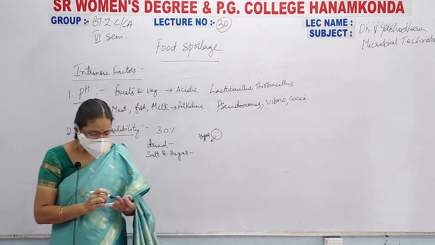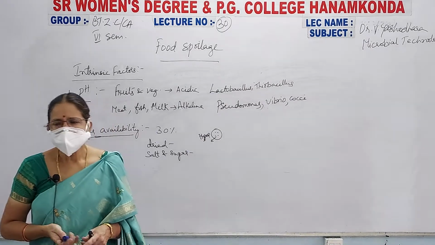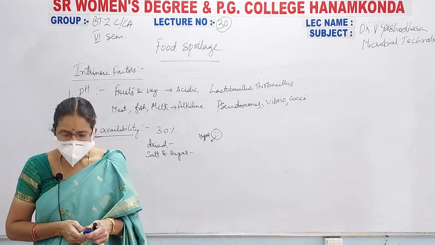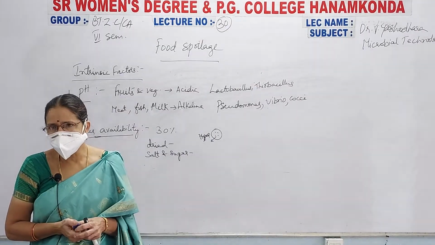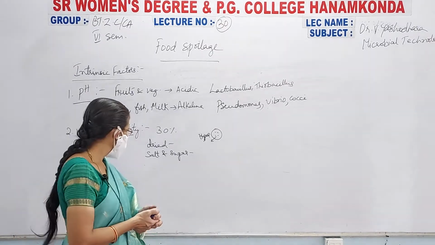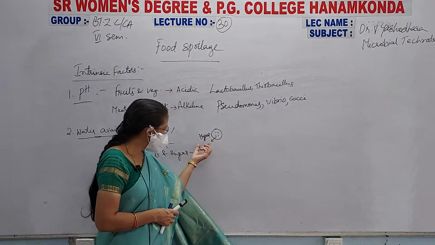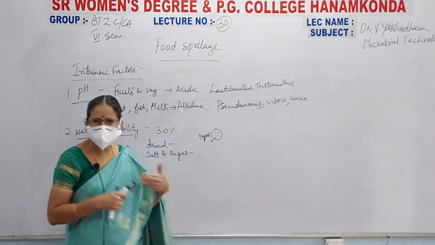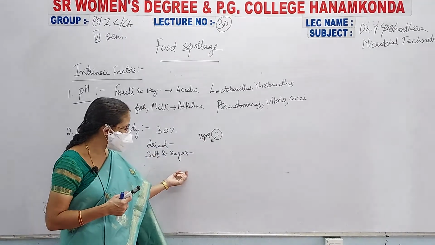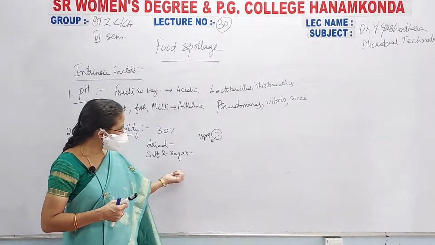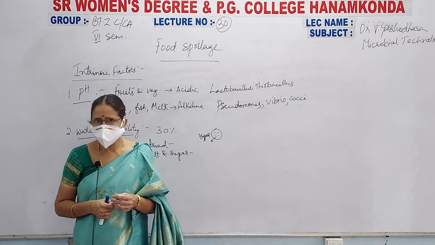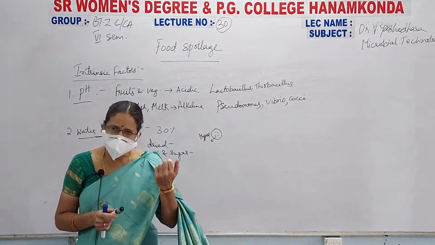That means if any microorganism is there in the food item, and you are adding salt or sugar into that, because of the hypertonic nature, that is high concentration of salt or sugar in the food, immediately its water content will be released out.